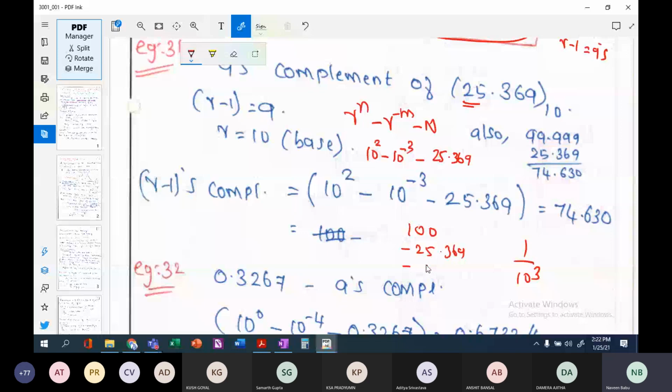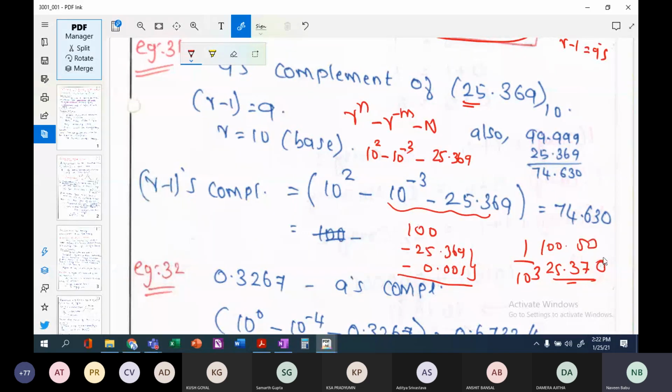So what is the addition of these two? 25.370 is the sum of these two things. And if I subtract that from 100, what will I get? I will get 74.630, which is the answer.